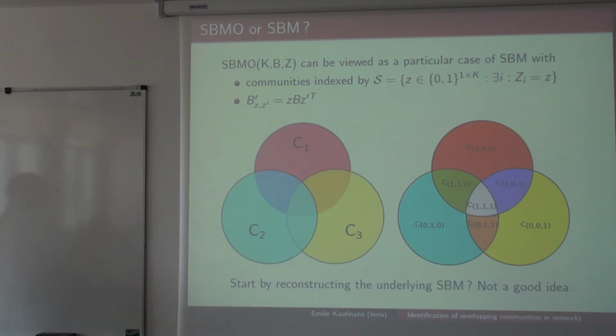There are interesting objects that show up in wireless stochastic geometry, where the communities would be the coverage cells. If you discretize space, you would have a link between two points of the Euclidean space if they are covered by the same base station.